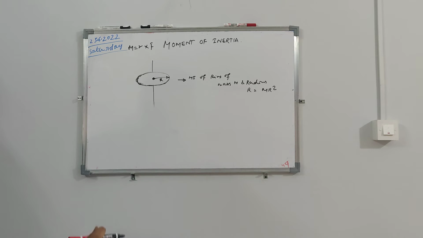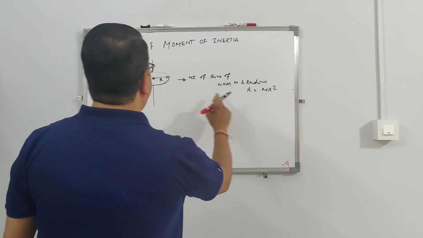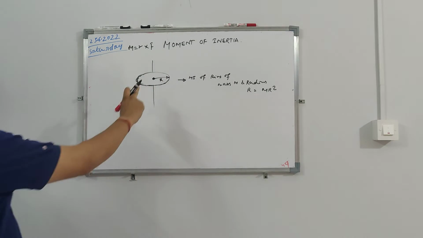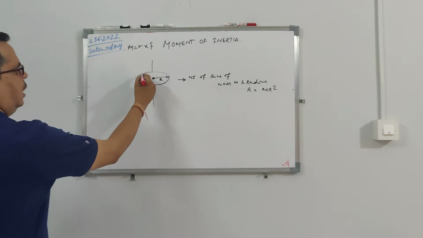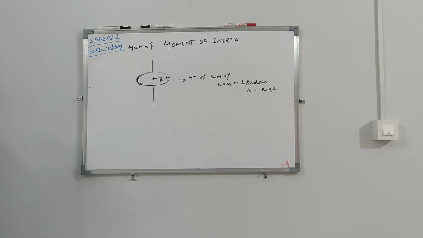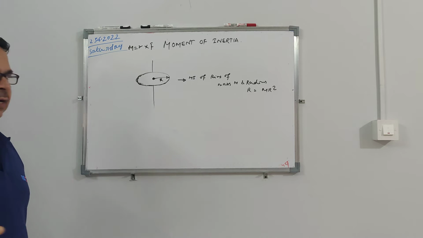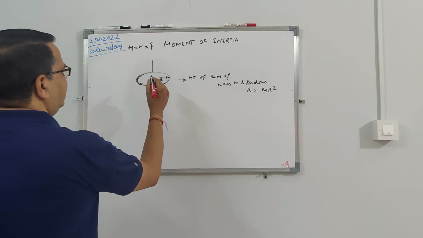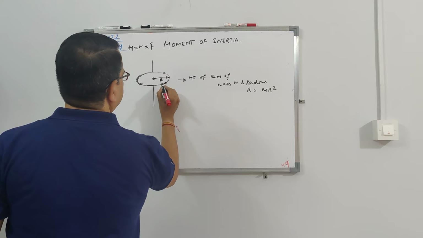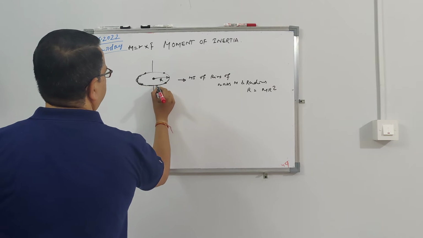For different systems, why is it so? Because your mass is almost at the periphery. It is a very simple formula, m into r square. How do we derive it? Say the total m is distributed like m1, m2, m3.